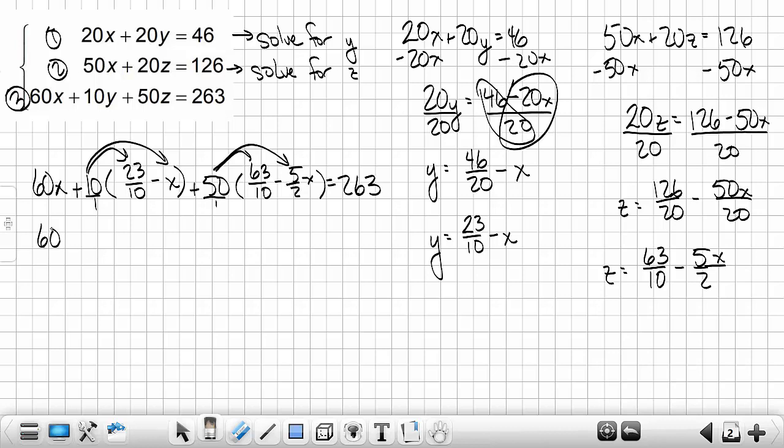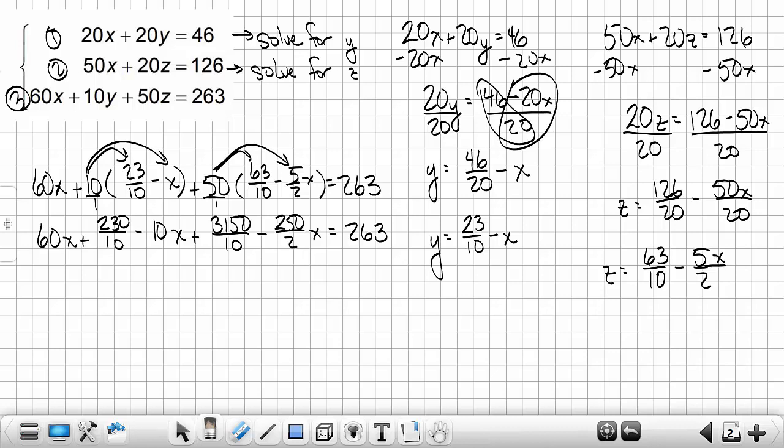So we have 60x plus 230 over 10 minus 10x plus, so 50 times 63, that's 630 times 5, so that's 3,150 over 10 minus 50 times 5 is going to be 250 over 2x equals 263.